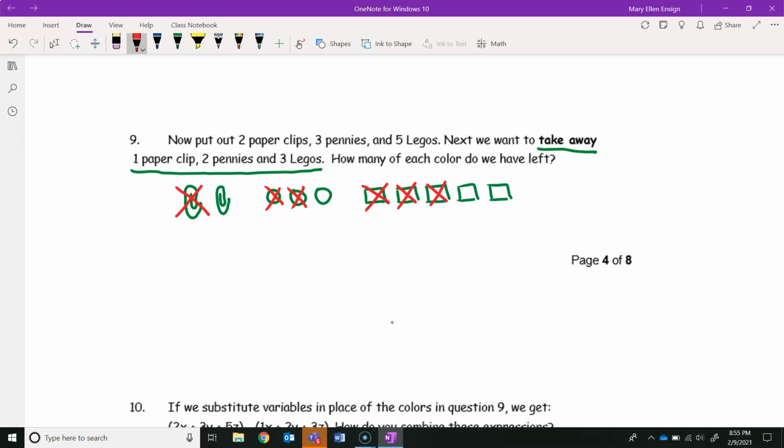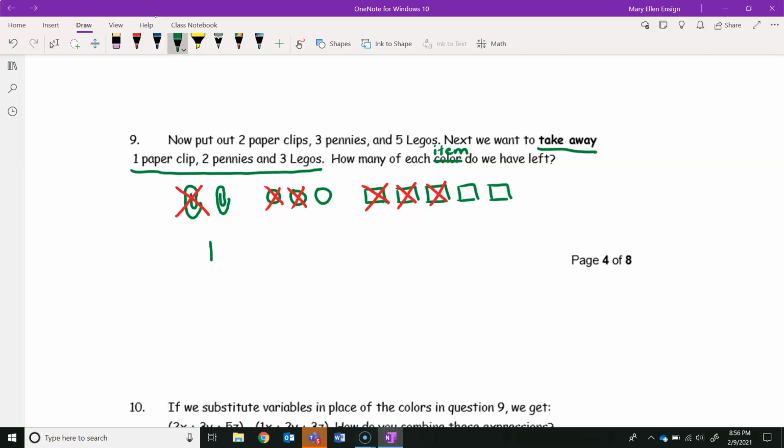So I didn't just take away the paper clips and then, let's say, add the pennies and Legos, right? I took away all of these. So what do I have left then? Oops, it says how many of each color. This should say how many of each item. When we did it in class, I used colored blocks, so I just missed switching that. Okay, so what do we have left?